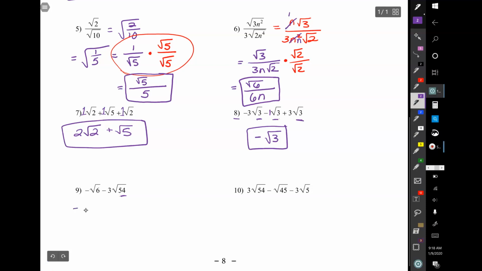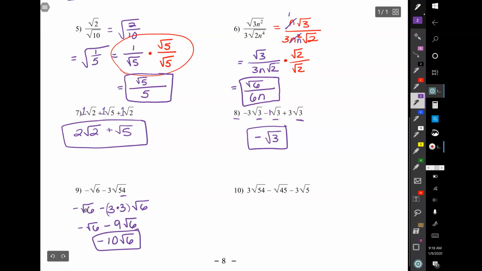Okay, so we should have negative square root of 6 and then minus 3 times 3, I can write square root of 6, because 54 is 9 times 6. Square root of 9 is 3. So then I get negative 6 square root of 6 minus 9 square root of 6. And so I would have negative 10 square root of 6 as my final answer.